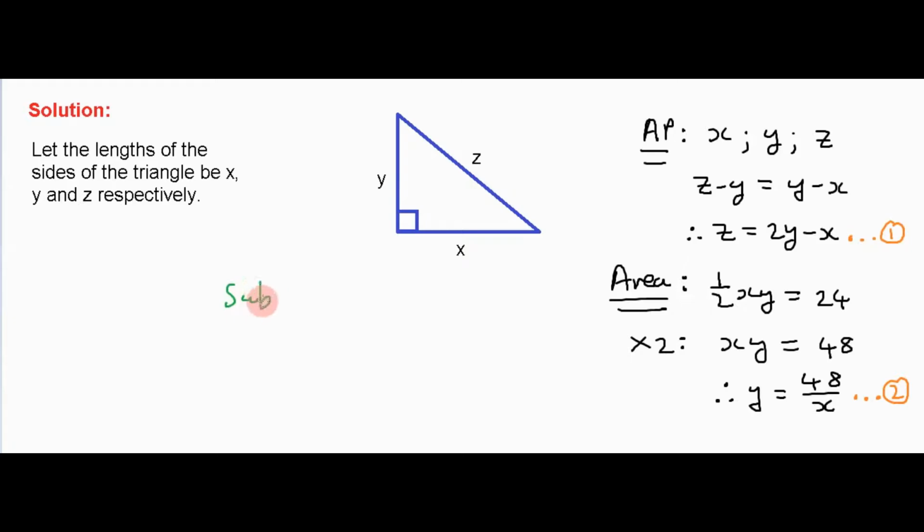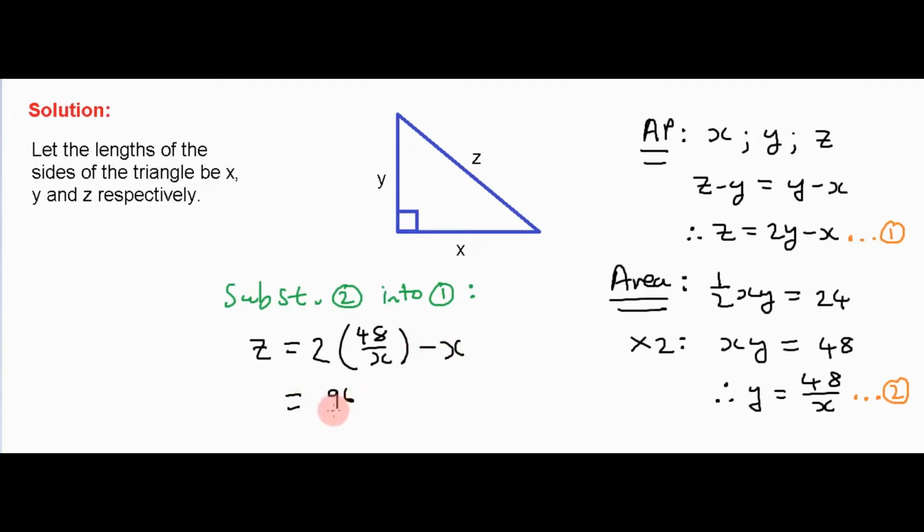So substitute equation 2 into equation 1. So we have z equals 2y, but y is 48 over x, less x. And this is 96 over x less x. This we can call equation 3.